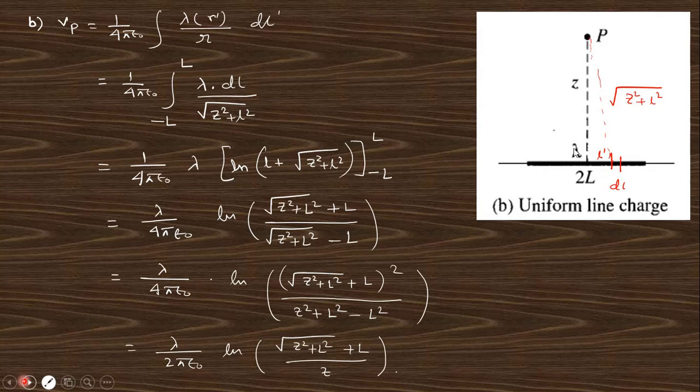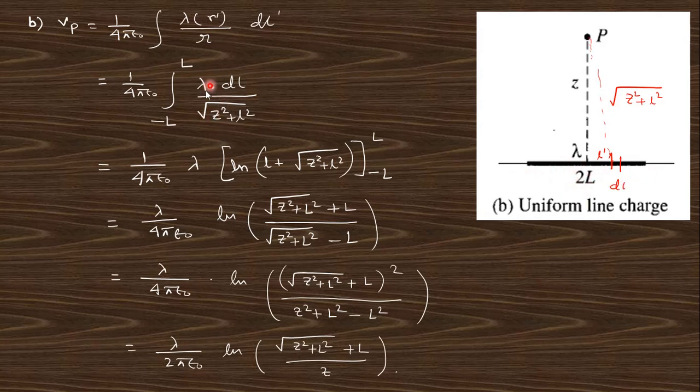Next is the line charge density. For a line charge density, the potential will be like that: lambda, the line charge density, by the distance, times dl. If you take dl at a distance l, you will get this expression. The distance will be root under z square plus l square, and the limits will be minus l to plus l because there is 2l.